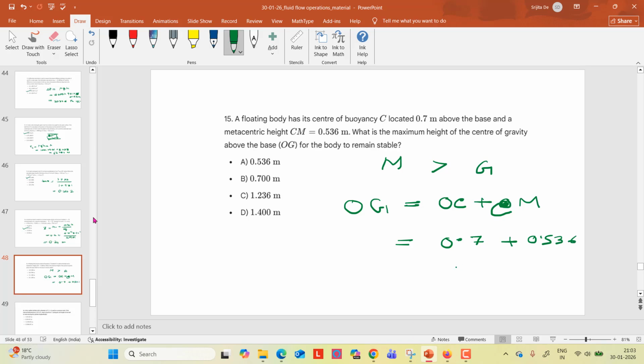So it is coming out to be 1.236. So the maximum height of the center of gravity will be 1.236 meter.